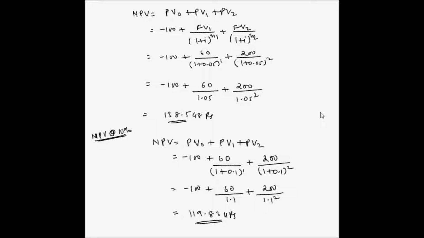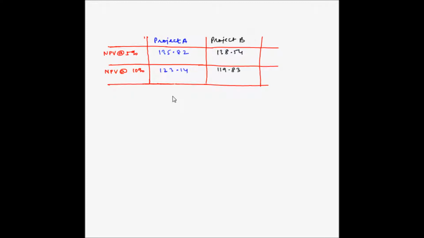Now let's compare and analyze these NPVs for project A and project B at 5% and 10% discount rate. Now we know that the project having a higher NPV will get a higher ranking when we are using the NPV method. So here, as you can see, at 5% discount rate, project B has a higher NPV.